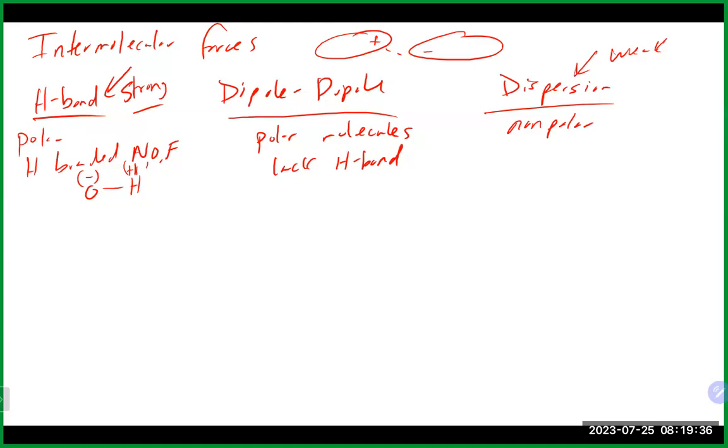Dipole is a really strong attraction as well. Hydrogen bonding is a special type of dipole interaction, but it is classified a lot of times by itself because of that strong interaction that occurs with it.